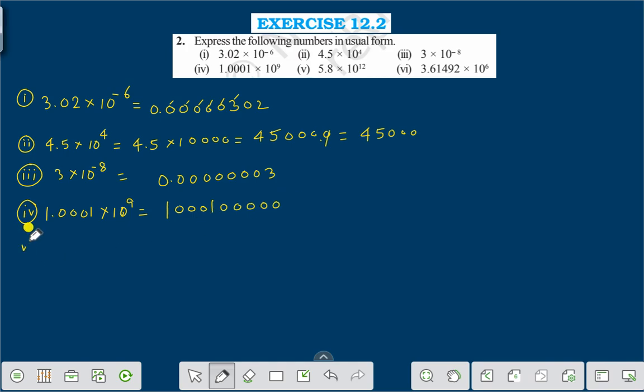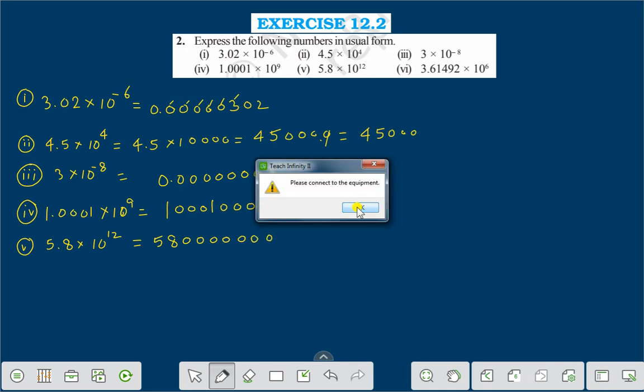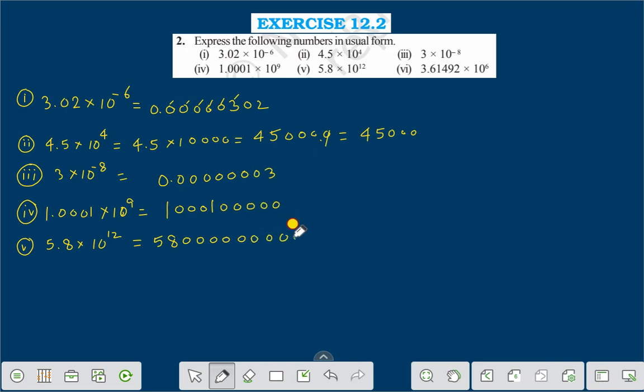Now question number 5 is 5.8 into 10 to the power 12. We'll count from this number 8. 5.8 is 5, 8, and then 1, 2, 3, 4, 5, 6, 7, 8, 9, 10, 11, 12. Right?